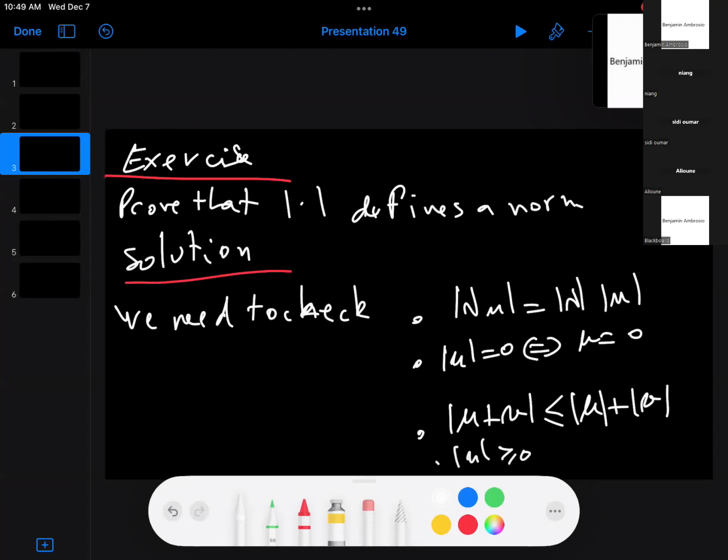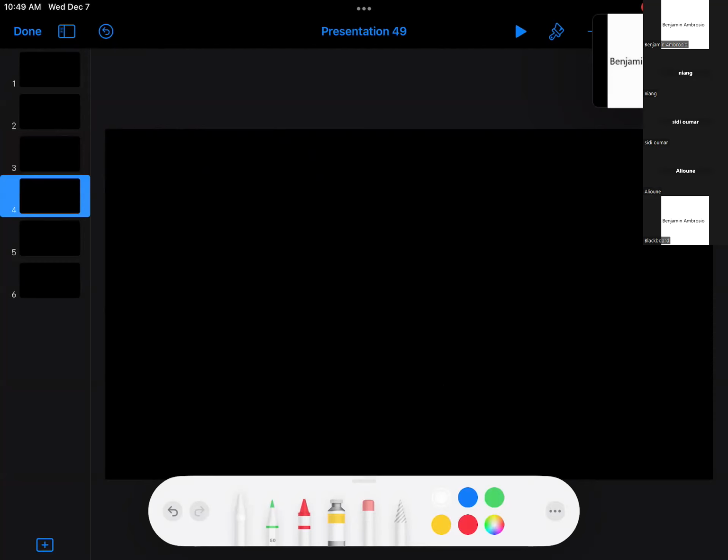So the first one, the second one, and the fourth one are straightforward. Okay, I'm not going to do it. I'm going to prove the sub-additivity here.